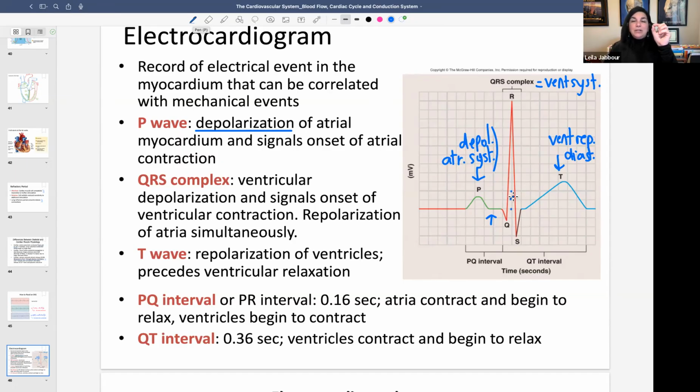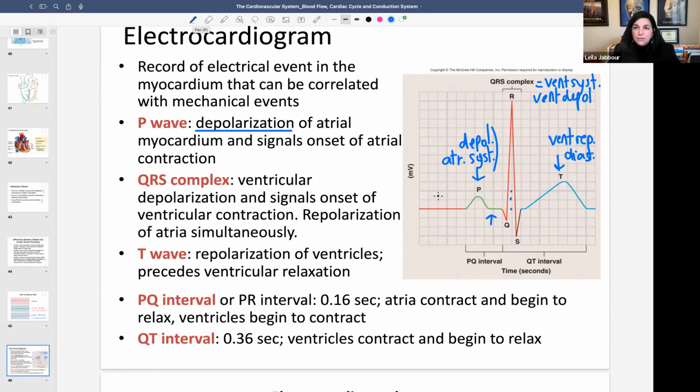You can't see it because it's not as significant as the ventricular depolarization, which is what the QRS complex is. So the atrial repolarization is buried in the QRS complex. The QRS complex is mainly ventricular depolarization.